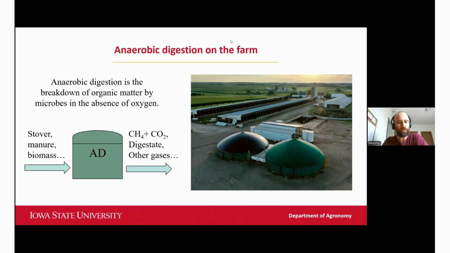So the inputs to the digester can be stubble, manure, biomass, and the outputs or the products that we have are the methane, the CO2, and the digestate. And the digestate is the slurry after the anaerobic digestion. And then there are also other gases.